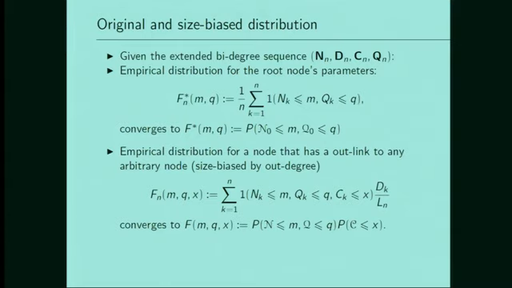That's why we introduced two distributions, and actually the distribution with a star is the distribution of the properties of the original node that you randomly choose, and the one without star is a size-biased one, and it's size-biased by out-degree, because when we explore from a node, so we explore incoming links of a node, then we are more likely to pick guys with larger out-degree. The larger your out-degree, the more likely you are to be in that tree.